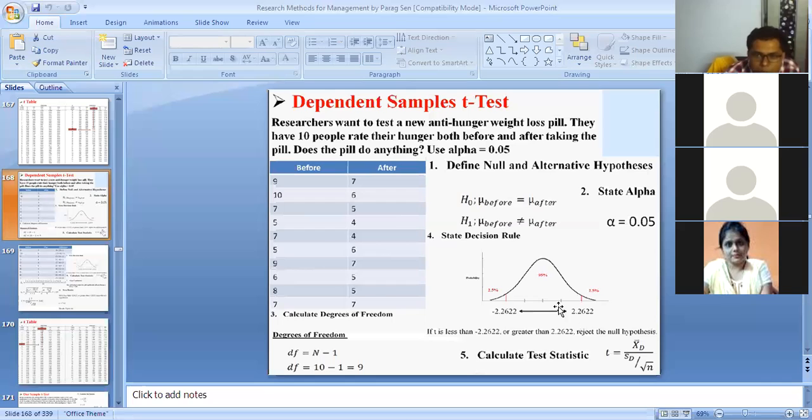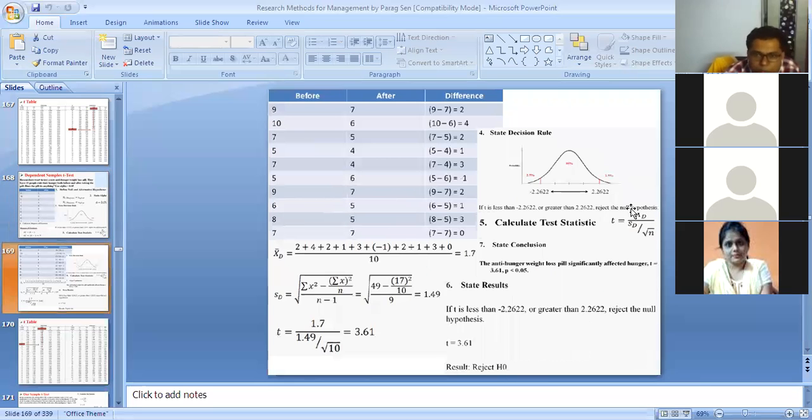Now calculate your test statistic. The test statistic formula is given by this. First find the mean of the differences, xd: find all the differences, then divide by 10 to get the mean of the differences, which is 1.7.